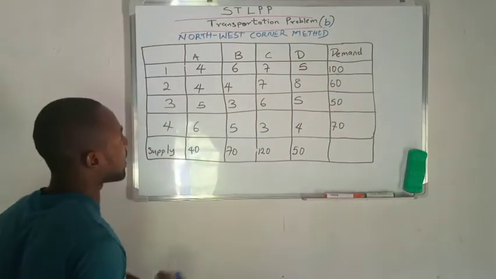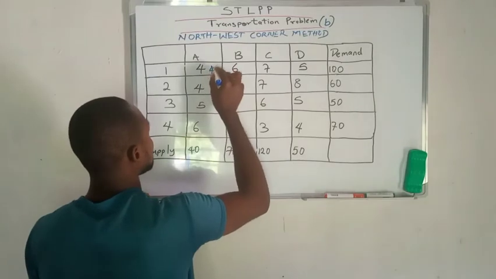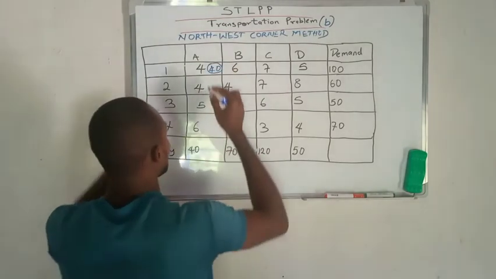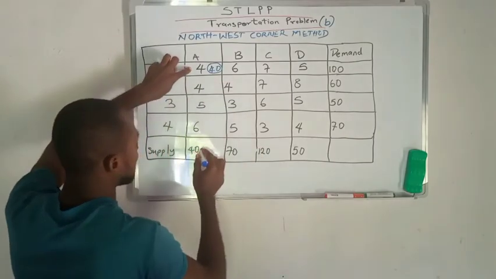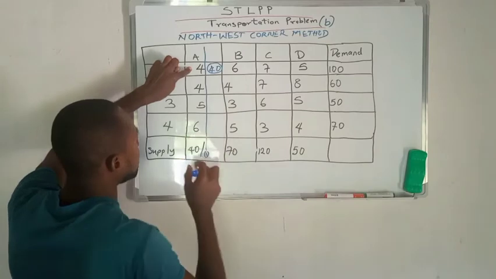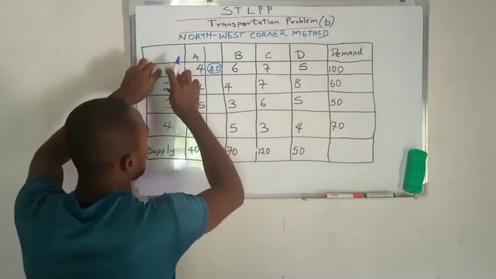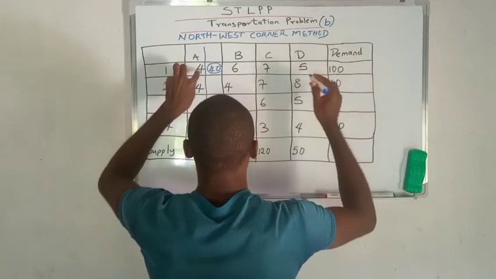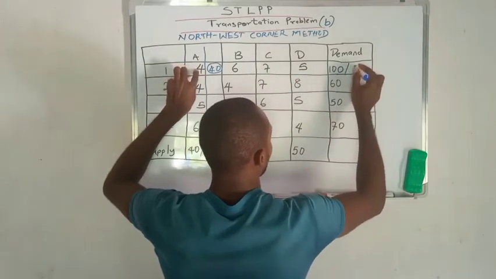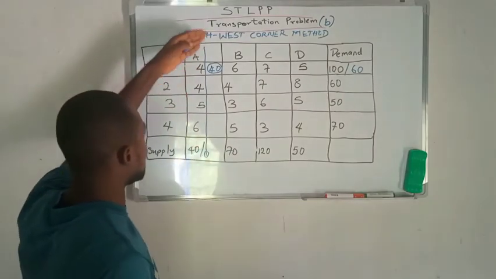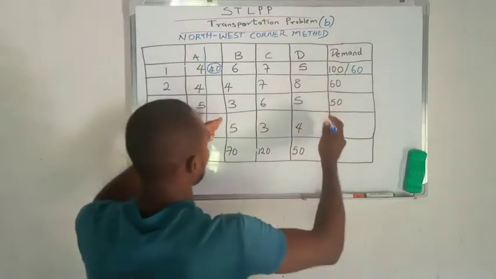So we supply to them 40, which we have in unit A, and then we check how many we have remaining here: 0. So we rule that out. Then the store is demanding 100, but we are giving them 40, so what is left here will be 60.